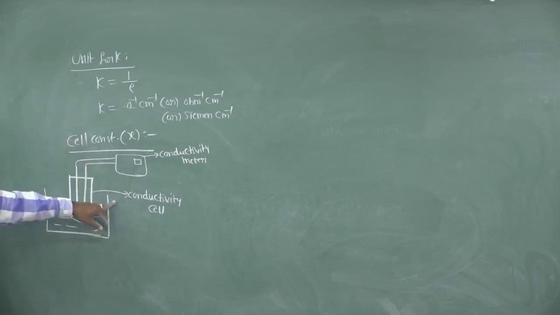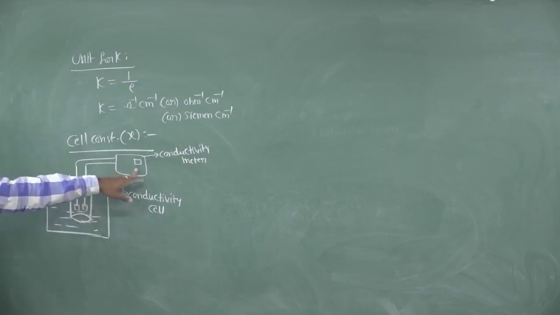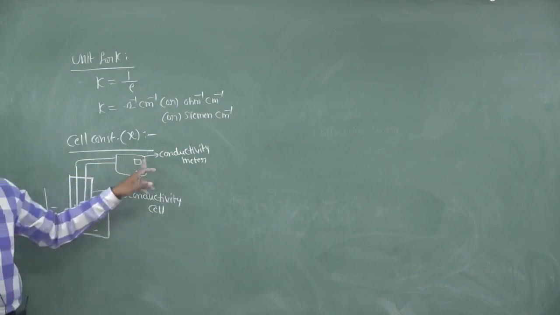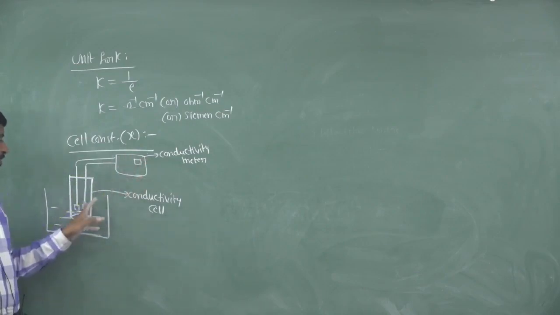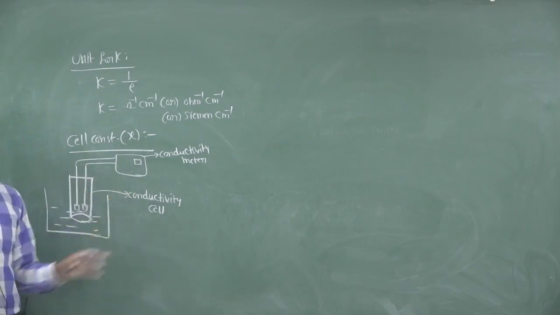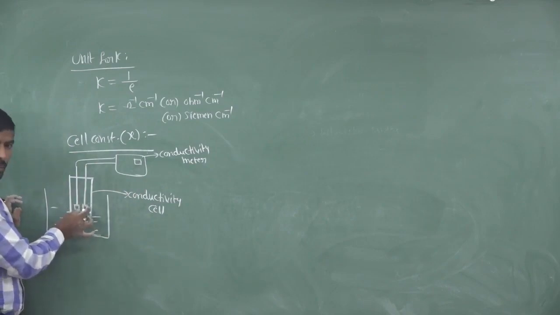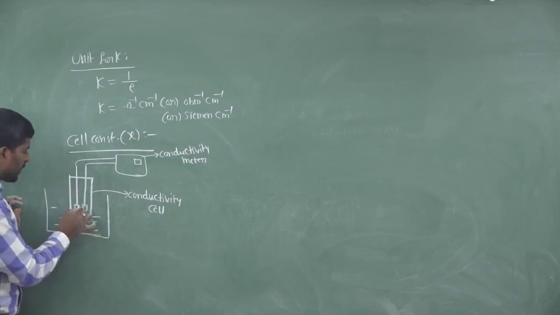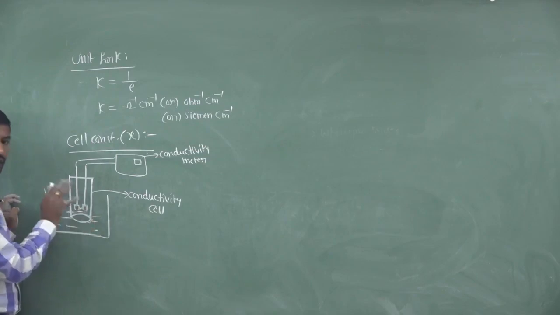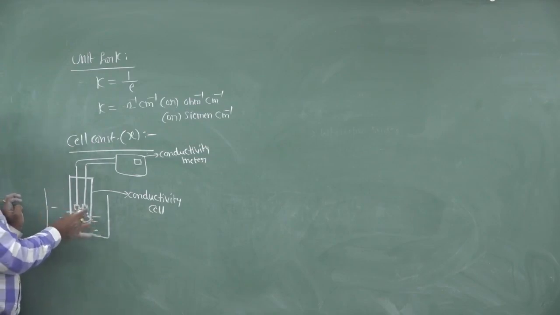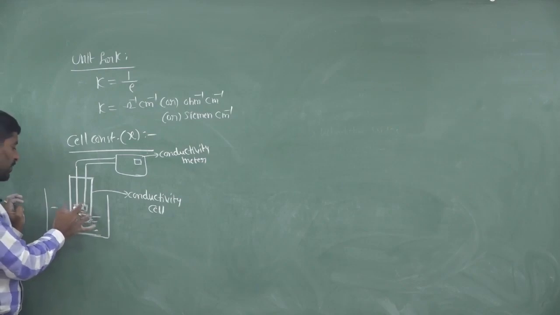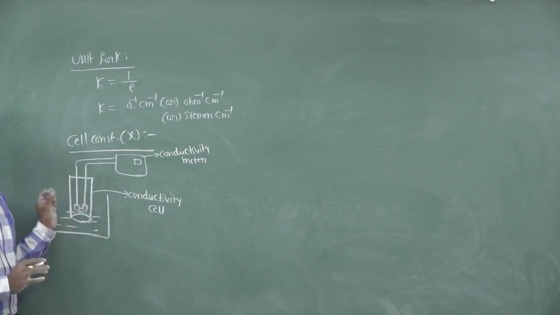So by using the conductivity cell, we make contact between the meter and the solution. In the conductivity cell, the length between the 2 platinum electrodes is fixed, and the area present between the 2 platinum electrodes is also fixed.